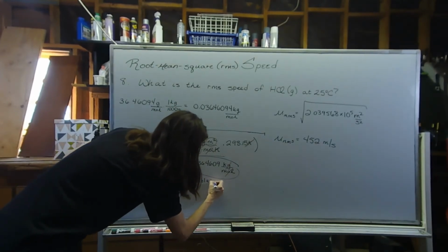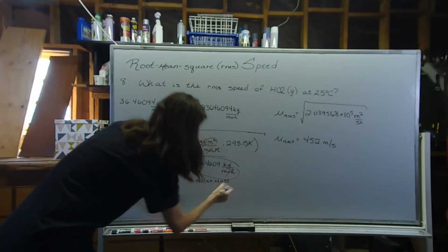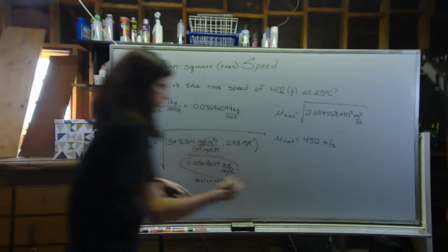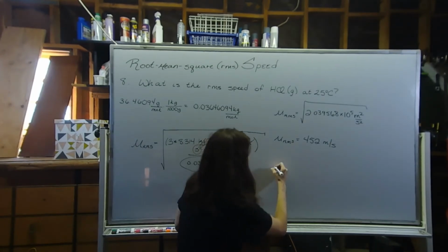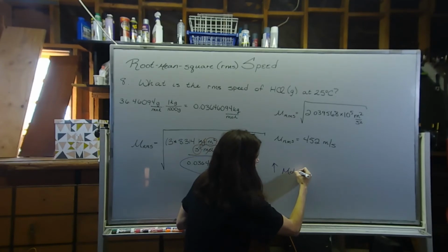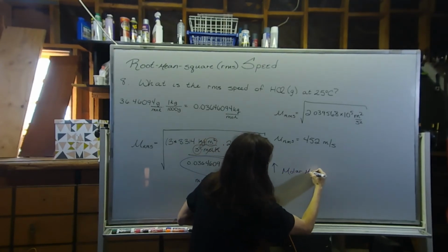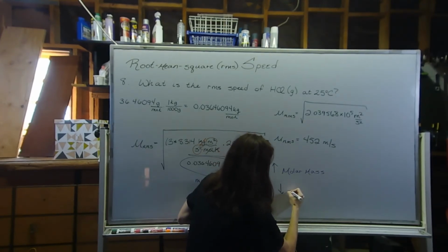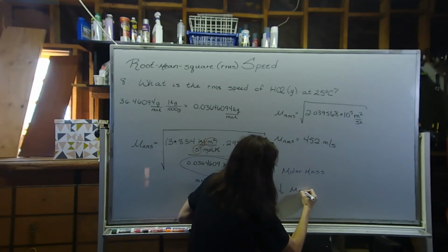So as molar mass increases, root mean square speed will decrease. And that kind of makes sense, right? Let me write it down real quick. So as we increase molar mass, we're going to see a decrease in the RMS speed.